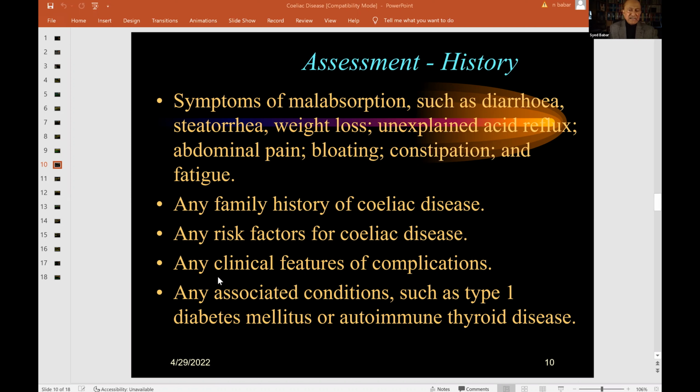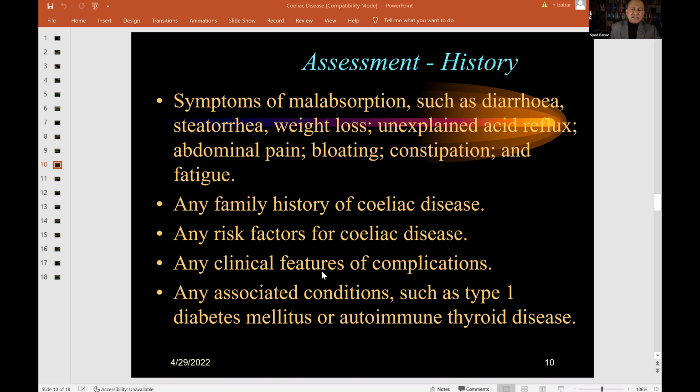Symptoms would also reveal any family history of celiac disease or risk factors for celiac disease, such as an autoimmune disorder, such as type 1 diabetes or thyroiditis. Clinical features of complications, such as anemia or features of malnutrition.